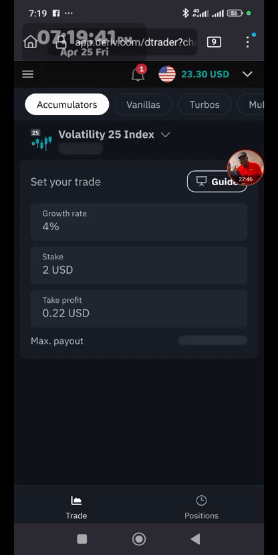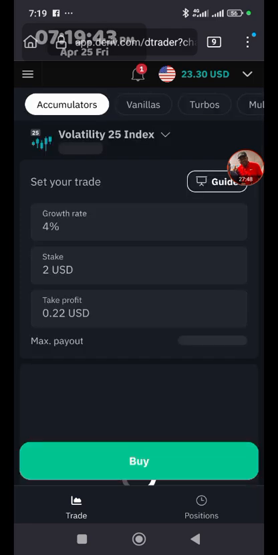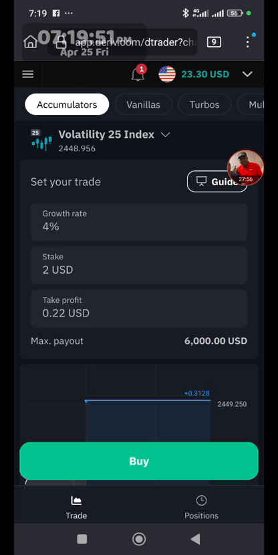I have the one with martingale, and I have the one without martingale. The one with martingale means after I experience a loss, I can scale up my stake and recover my loss with profit.